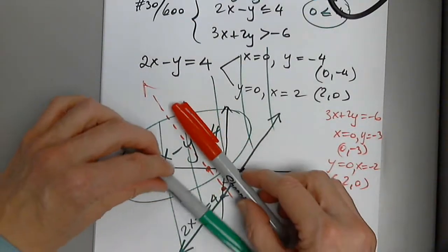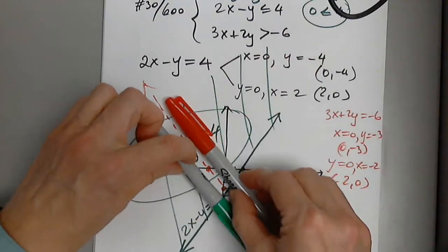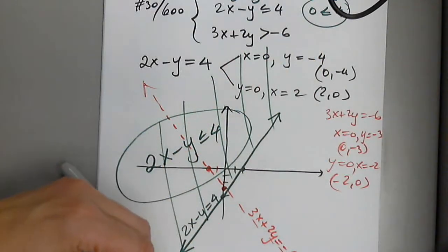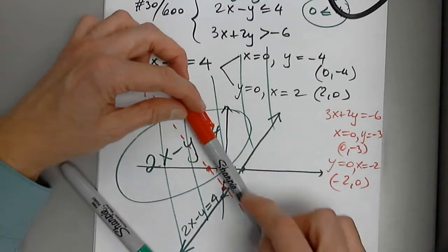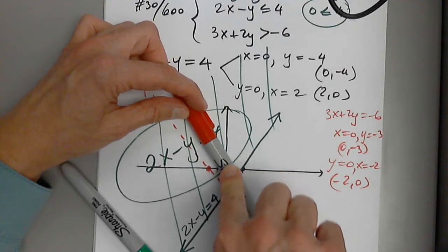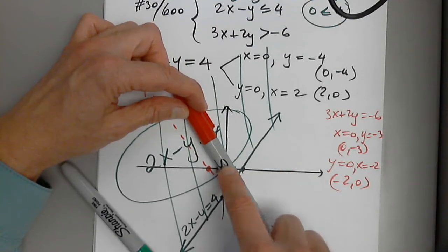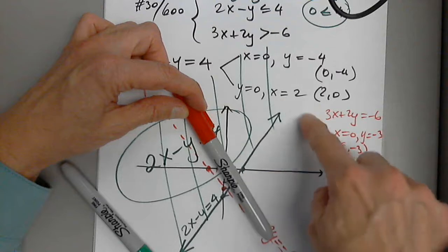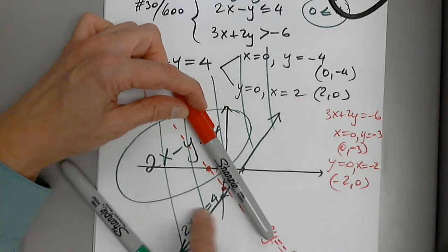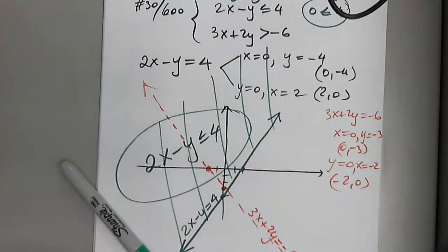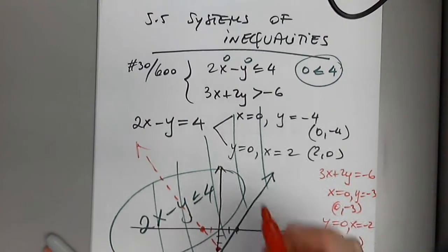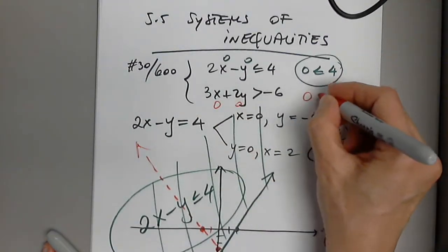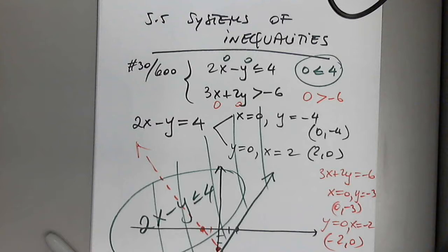Now I see that this red line divides the plane into two regions. Also a remark: if the line passes through the origin, I cannot check using the origin. I have to pick another point, 10, 10, or whatever, but not the origin. Since it does not pass through the origin, I'm going to use the origin and ask myself if this is a true statement.